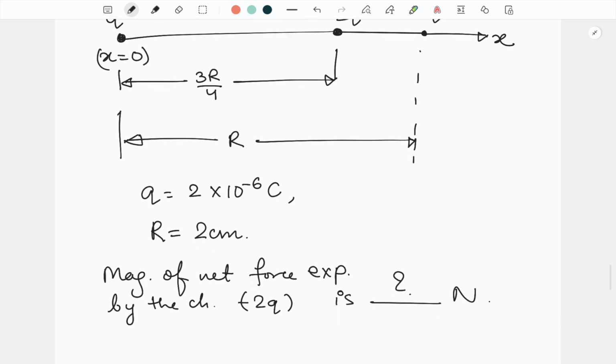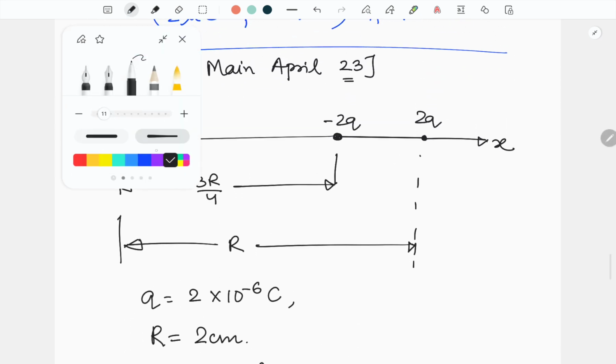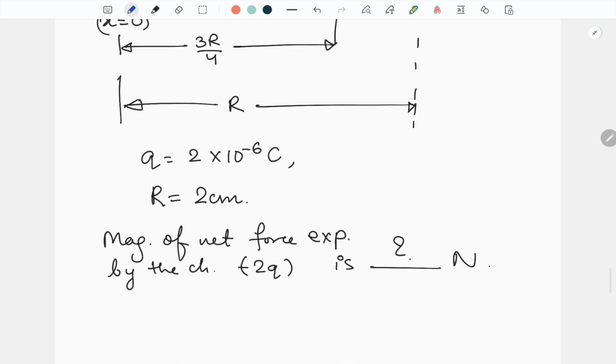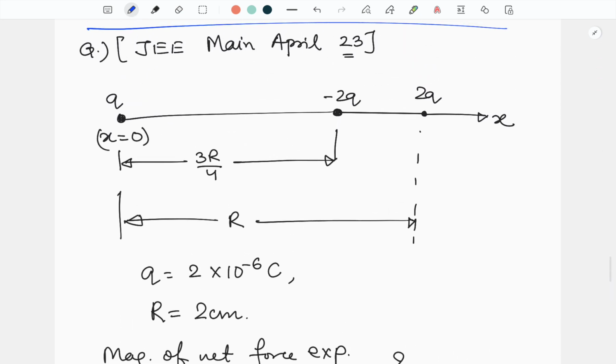I think it's not that difficult. So what we have to do here, since net force is asked on minus 2Q, let us focus on this minus 2Q only. See, this is negative and the charges kept on left and right are both positive, so it will try to attract each other.